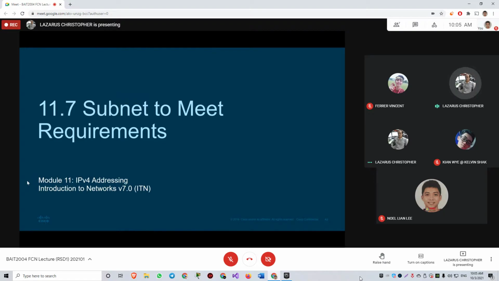So from now on, we're going to look at VLSM, which is an acronym for Variable Length Subnet Mask. The title here is Subnet to meet requirements. Not to say that the previous one doesn't meet our requirements, but it meets a certain range of requirements.